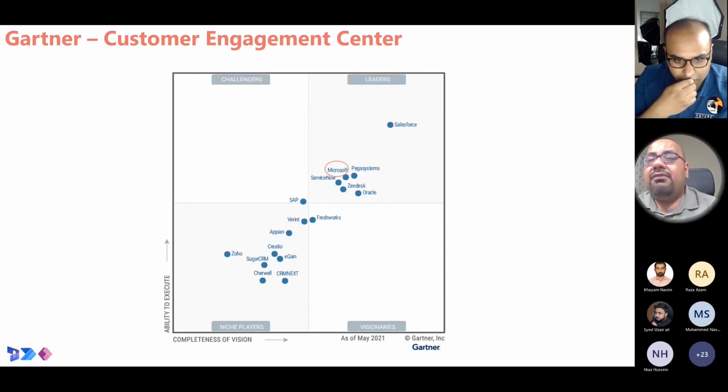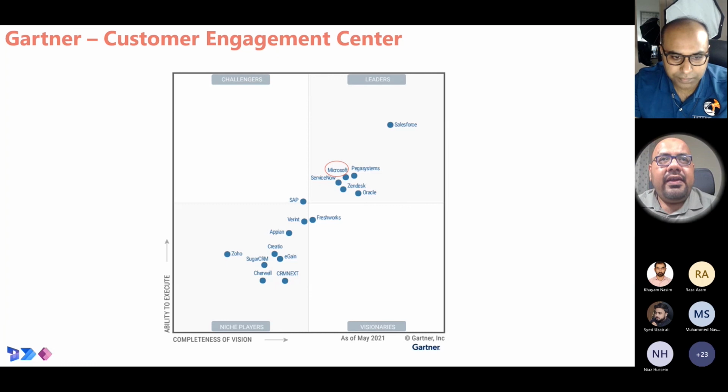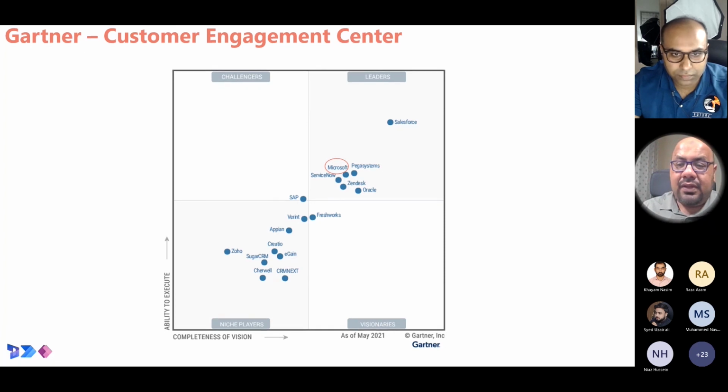Salesforce is far above Microsoft because of the add-ons and the add-on functionality which is built there. But this technology is just 3 years old, and you will see a lot of difference in upcoming years. So there's big potential available there, and this is what we can try to grab.